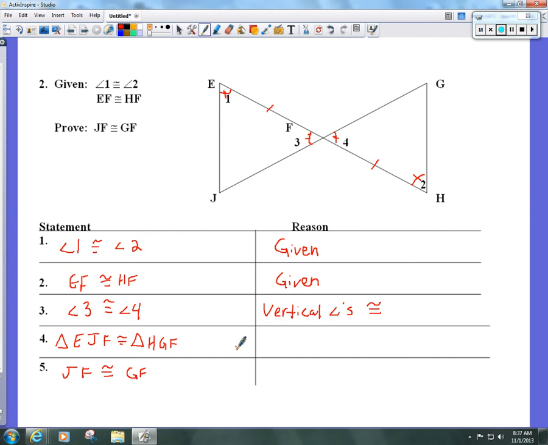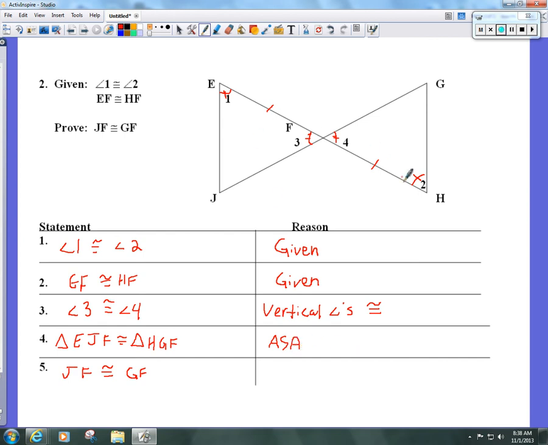If this is where you're struggling, I know I'm going to have to pick one of those six postulates and theorems. I'm either going to prove the triangles are congruent by side-side-side, angle-angle-side, angle-side-angle, or hypotenuse-leg. Those are the things I need to look for. Well, I'm given two angles and a side. Since I'm given angle, side, angle, I can say that these triangles are congruent by the angle-side-angle postulate.